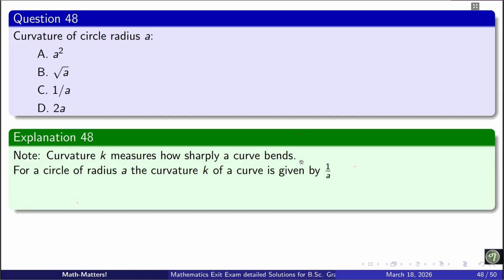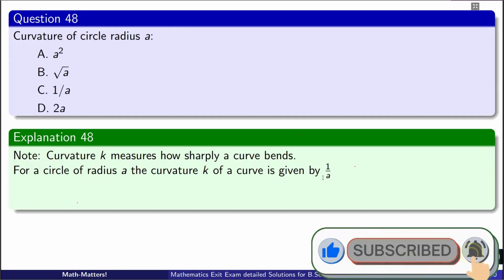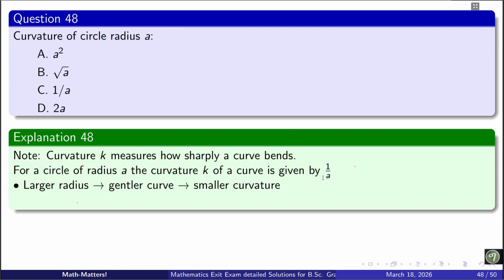Therefore, for a circle of radius A, the curvature K is given by the formula 1 over A, where A is the radius of the circle. So when the radius of the given circle is large, its curvature K will be 1 over a very large number, which could be small.